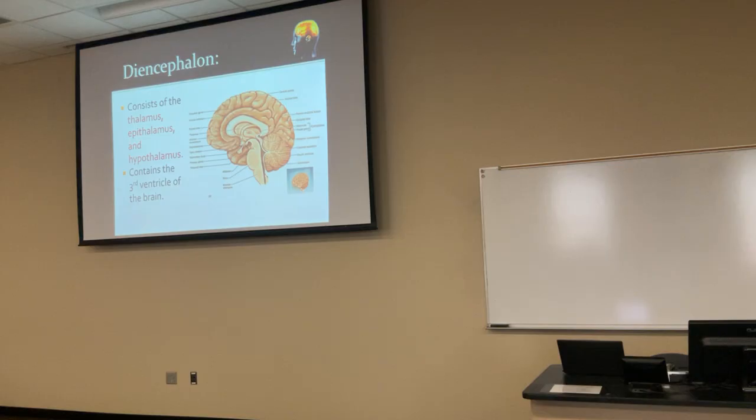Those blood vessels are called the choroid plexus, and that secretes most of the cerebral spinal fluid into the third ventricle. The cells that line the ventricles, which are called ependymal cells, also secrete a small amount of cerebral spinal fluid, but most of it is secreted by the choroid plexuses, which are actually located in each of the ventricles.